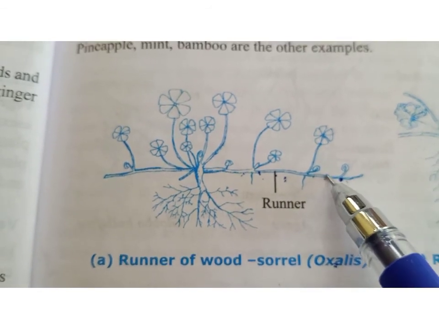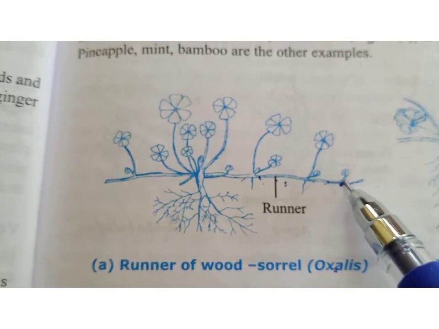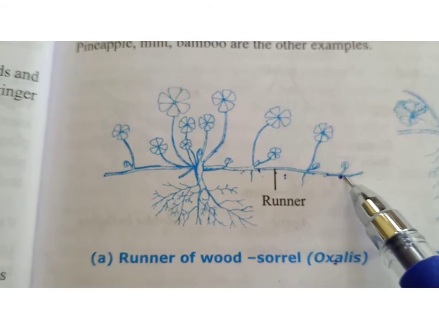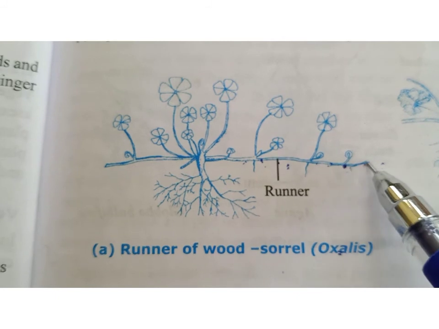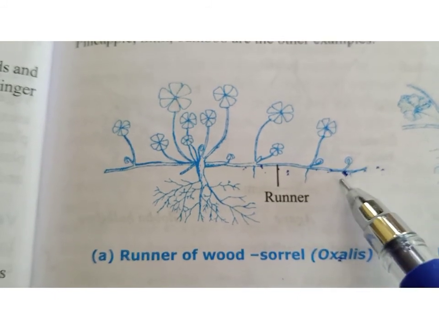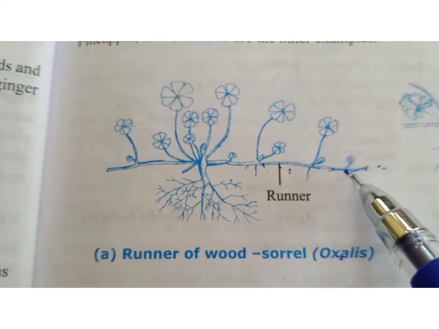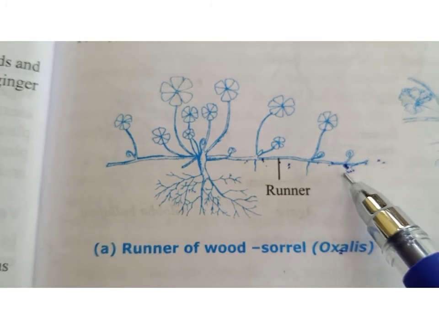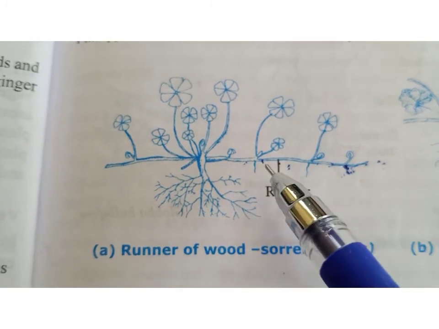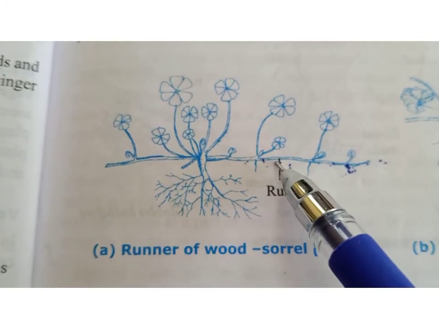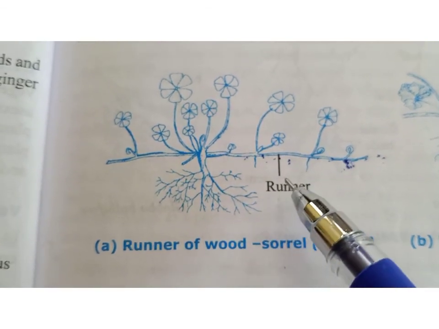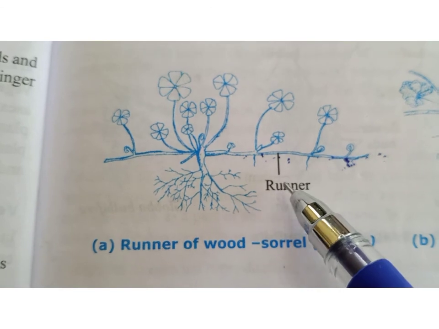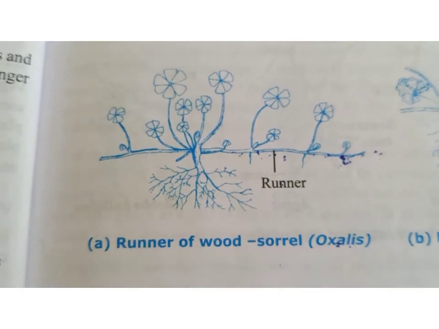This slender, horizontally growing branch creeps some distance, and after growing some length it produces roots. The internode part of the plant body is considered a runner. So the example for the runner is Oxalis.